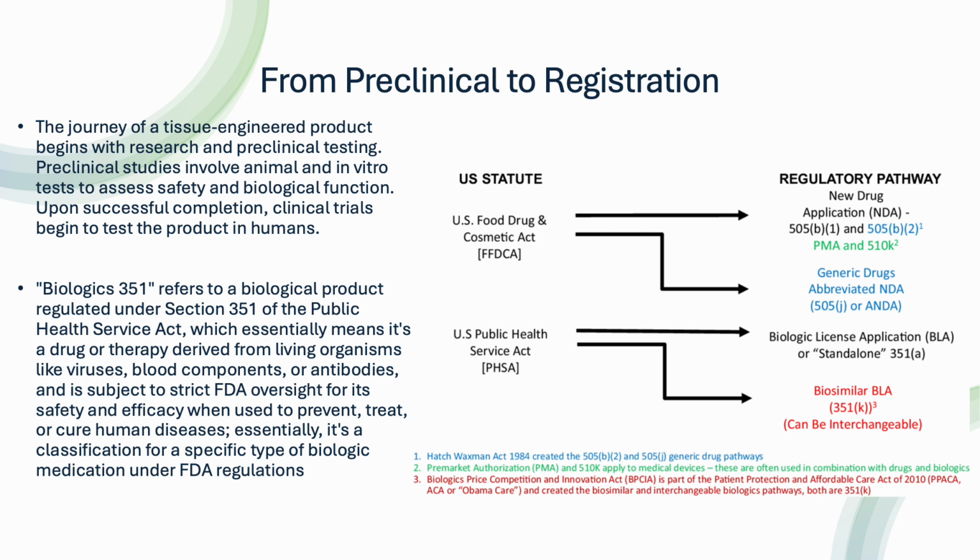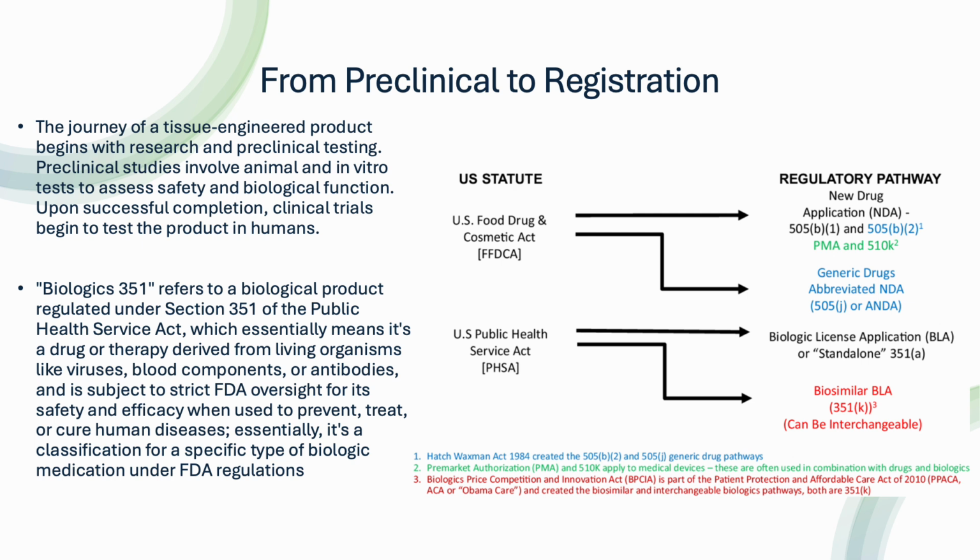Now, Biologics 351 refers to a biologic product regulated under Section 351 of the Public Health Service Act, which essentially means it's a drug or therapy derived from living organisms like viruses, blood components, or antibodies, and is subject to strict FDA oversight for its safety and efficacy when used to prevent, treat, or cure human diseases.